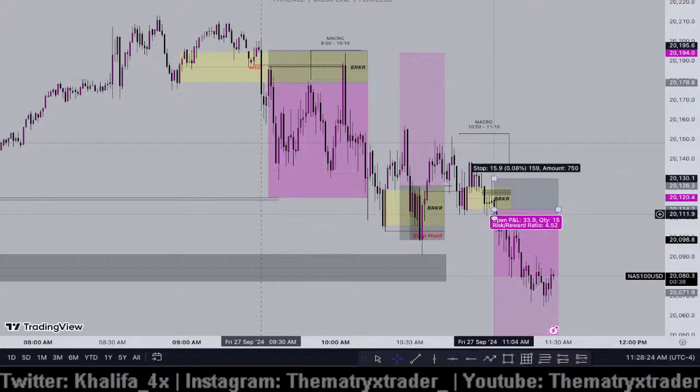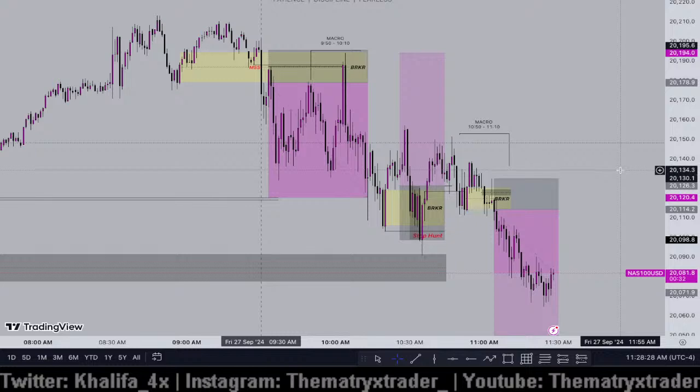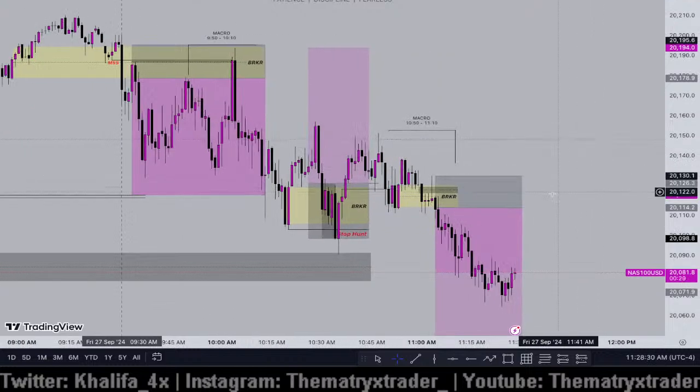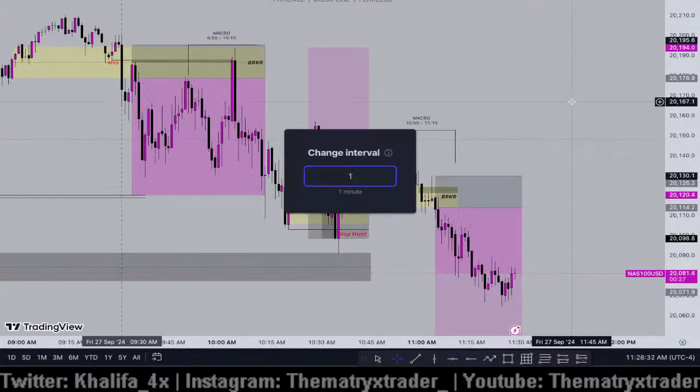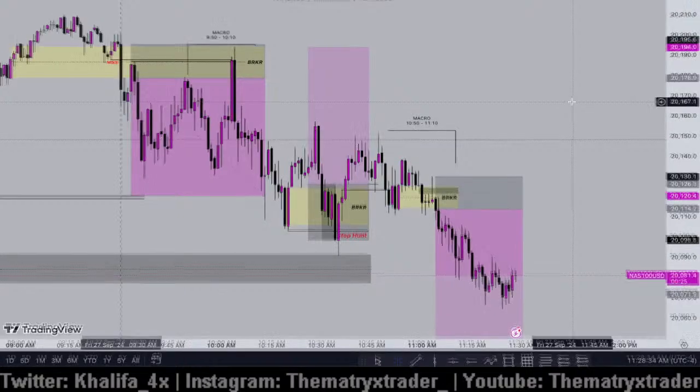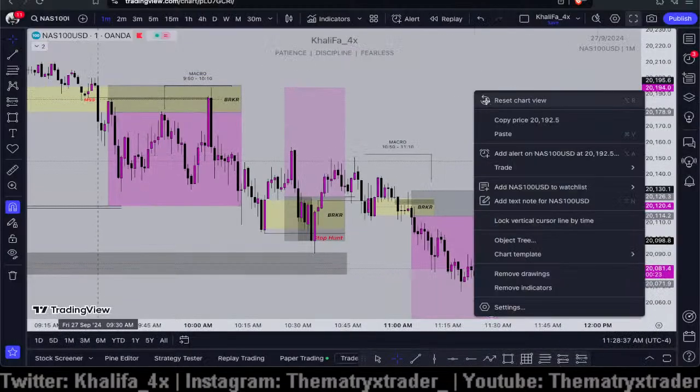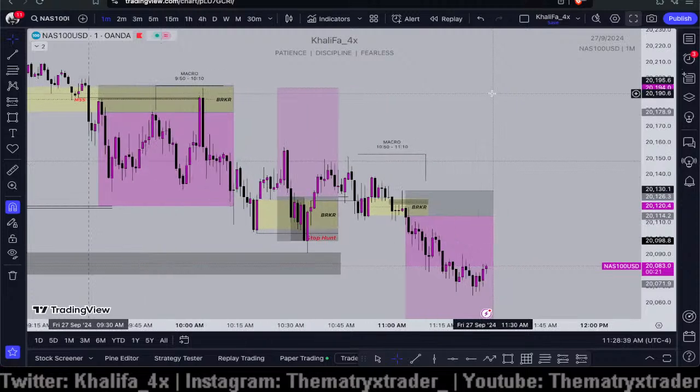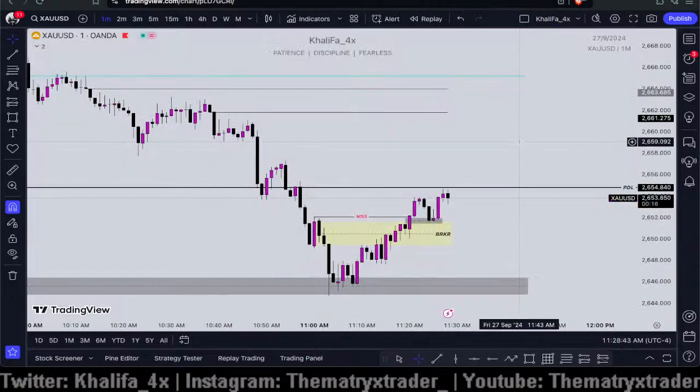Now you see how many people have made so much in this move. But you guys need the exact RR trades, 5 RR, 8 RR. There is no such thing. Believe me, there is no such thing.